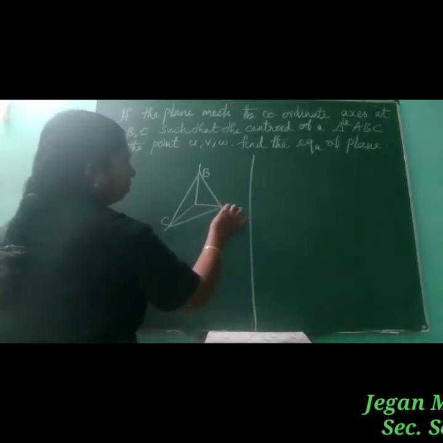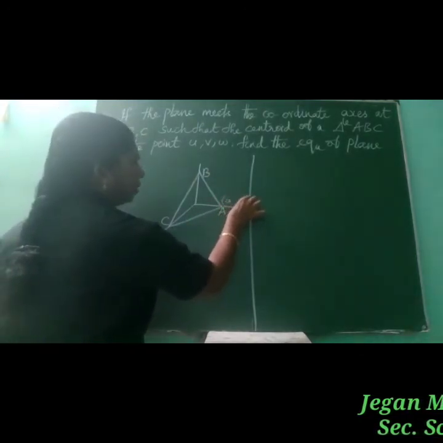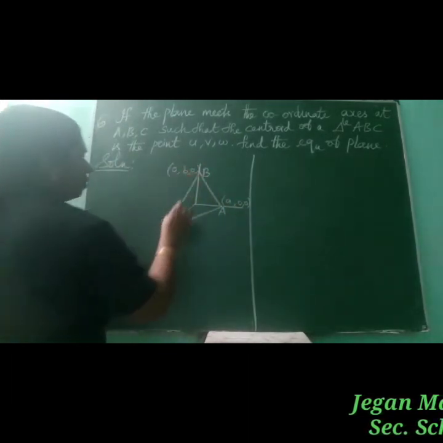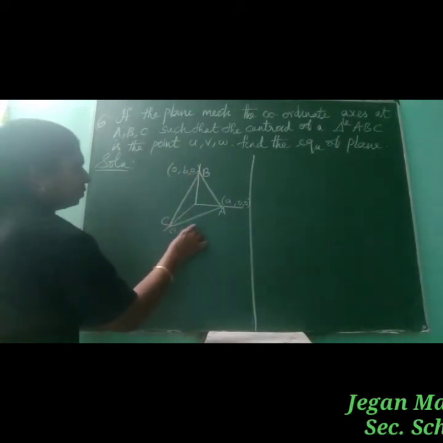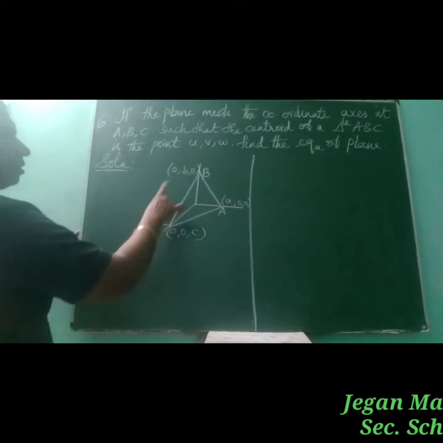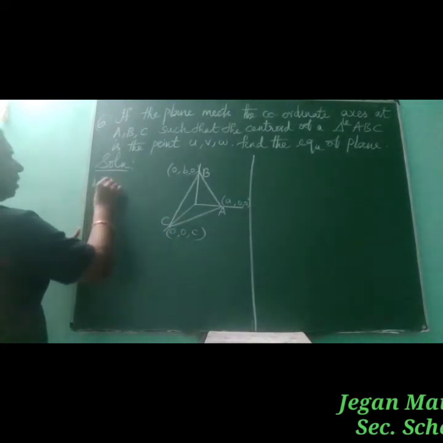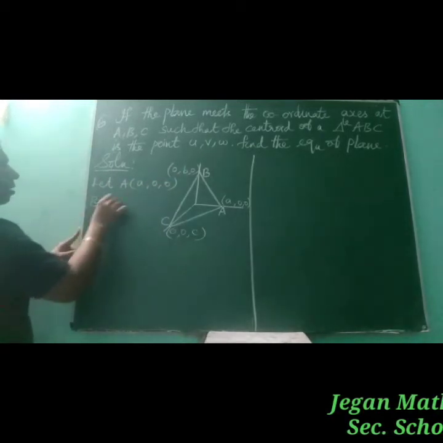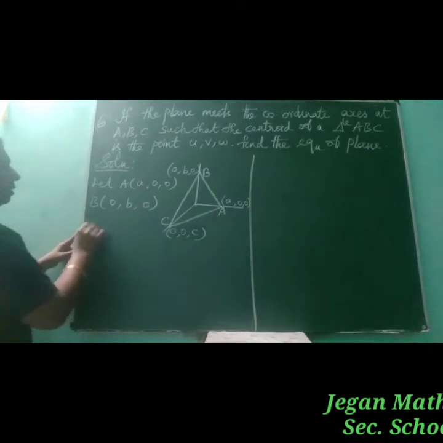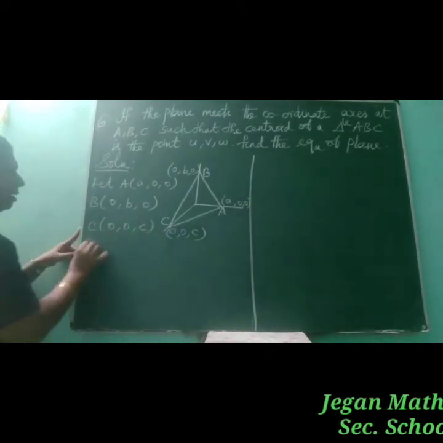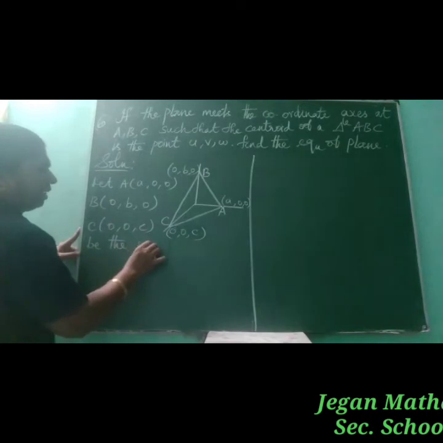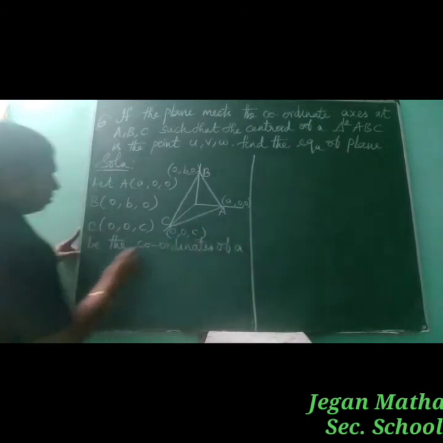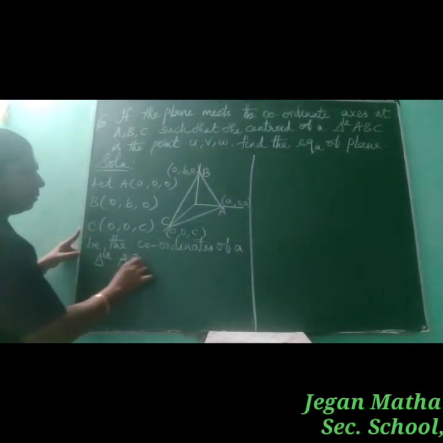The coordinates of A are (a, 0, 0), B is (0, b, 0), and C is (0, 0, c). Let these be the vertices of triangle ABC.